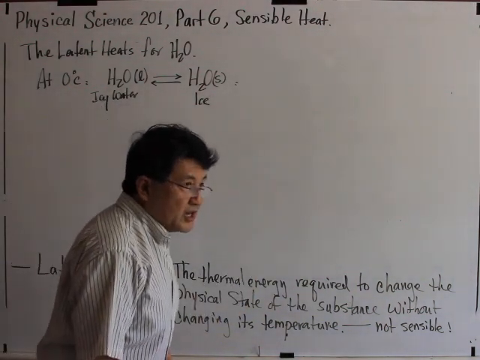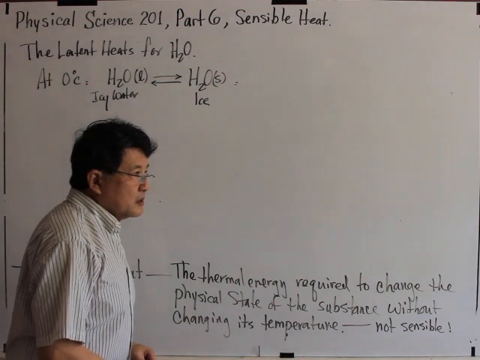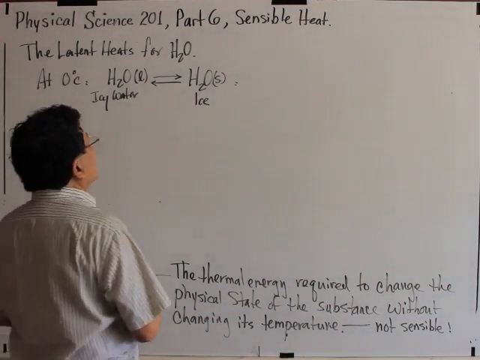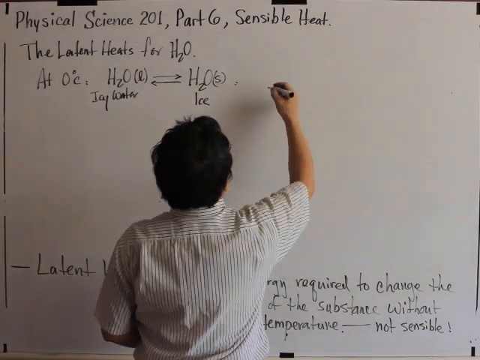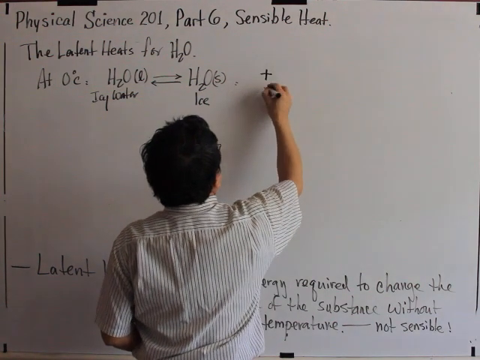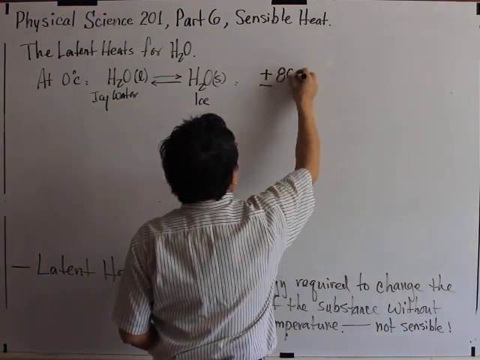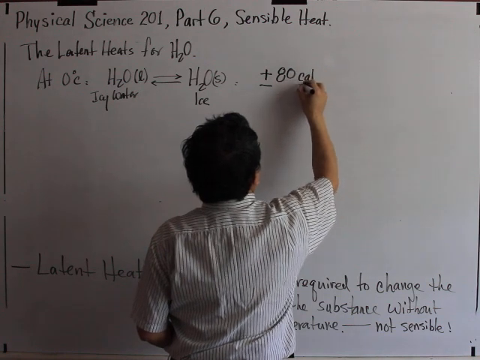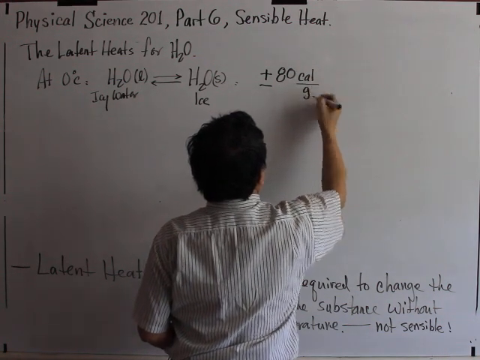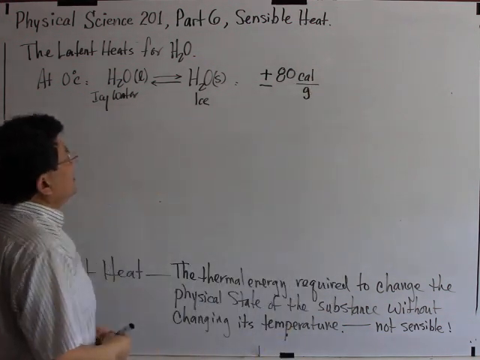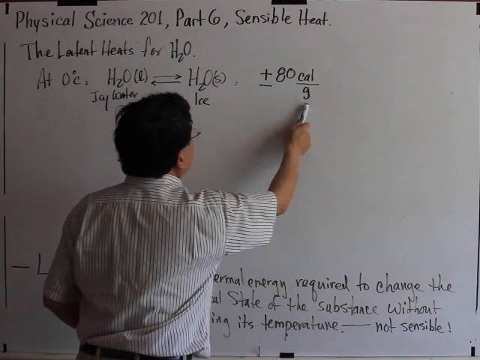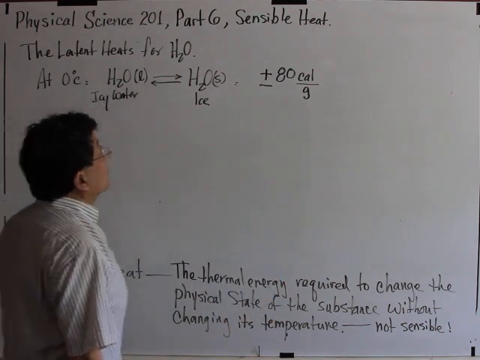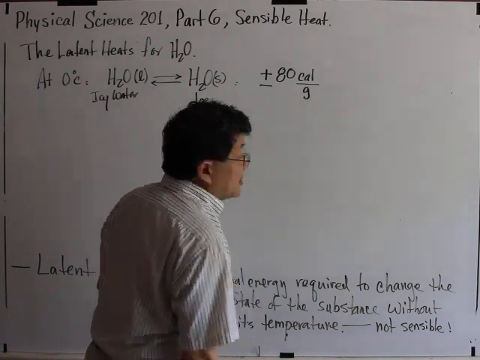It's a value with a double sign. The value is positive, negative 80 calories per gram. Now, it seems like we're familiar with this kind of unit, but if you look deeper, something seems to be missing.